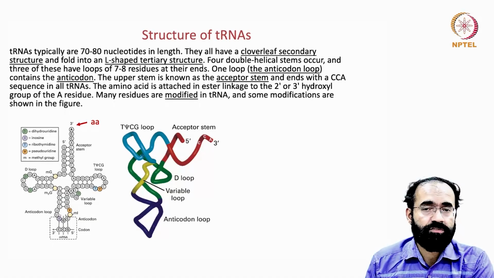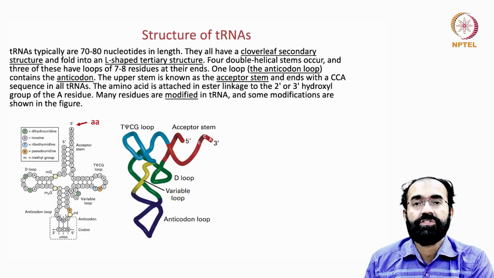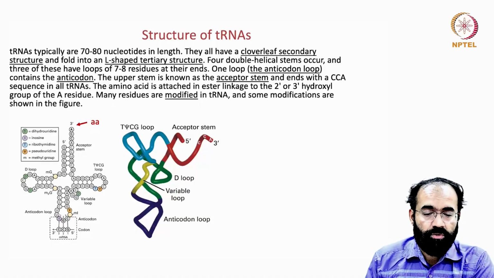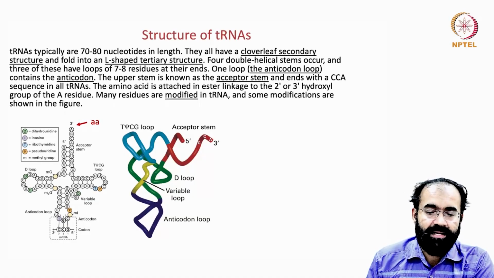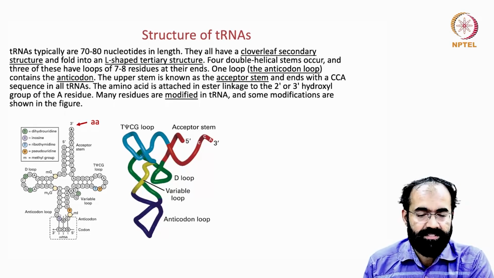Why is it the same? Because all tRNAs come from different genes and none of them have the CCA to start with, because it is added by post-transcriptional modification. So all tRNAs have CCA at the 3' end. The amino acid is attached in ester linkage to the 2' or 3' hydroxyl group of an A residue, meaning an adenine residue.